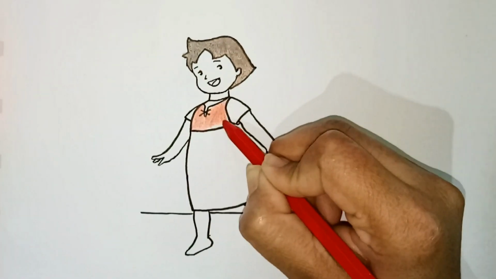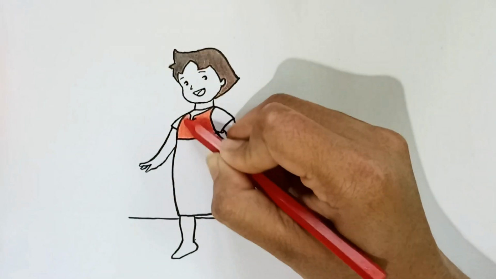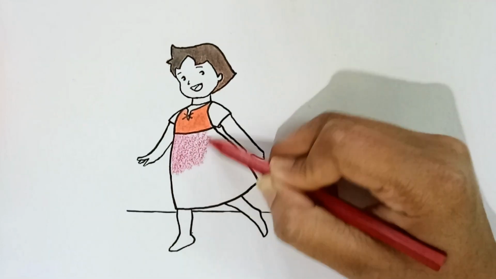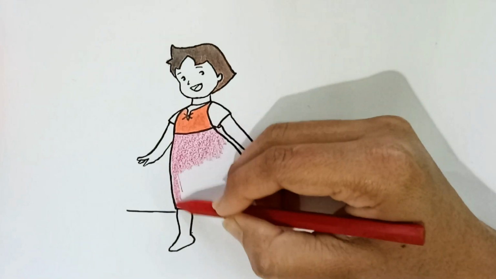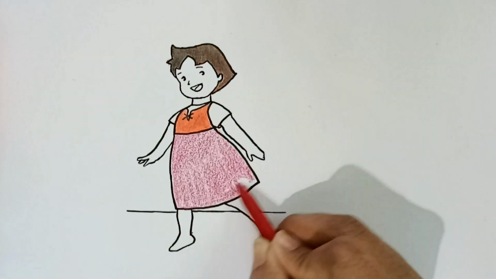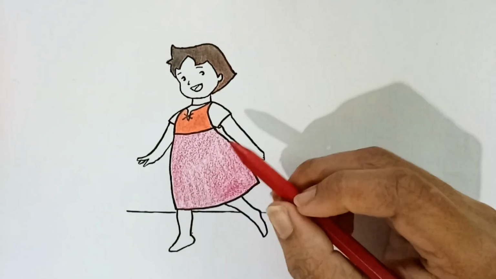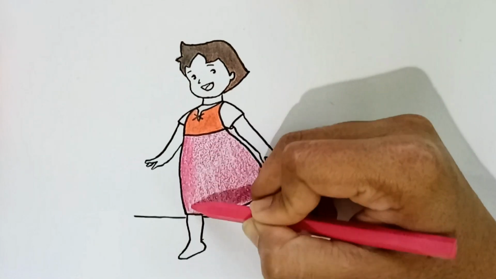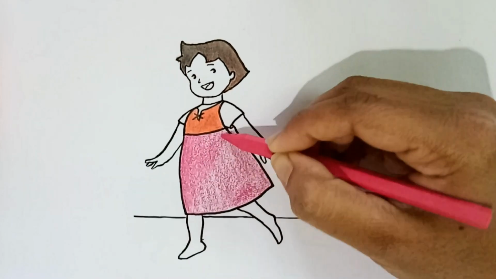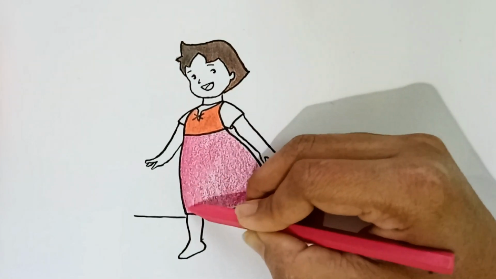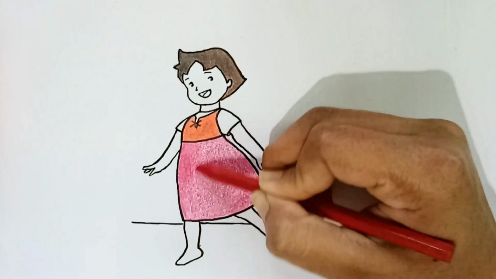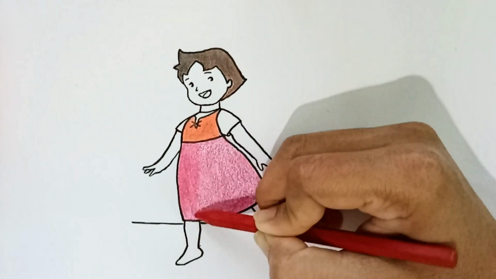Then we'll color her frock with red, and pink. Then we'll take a darker shade of pink and fill it up.